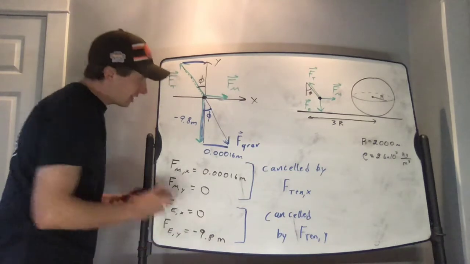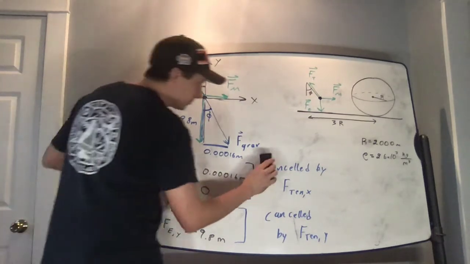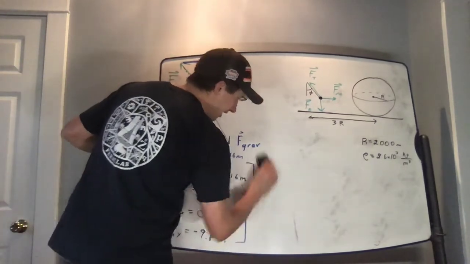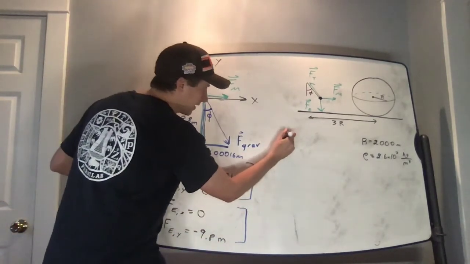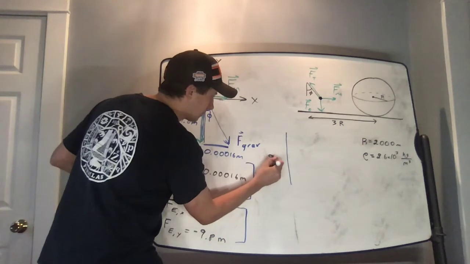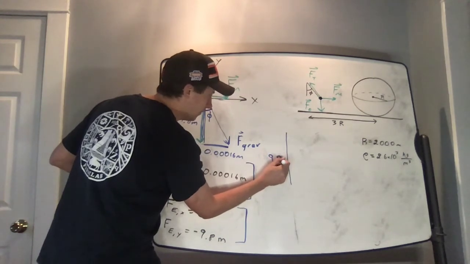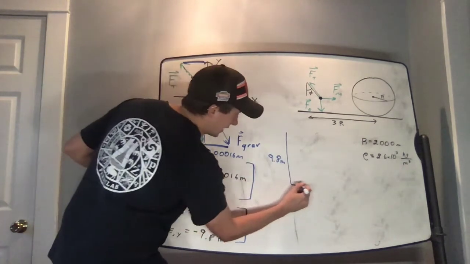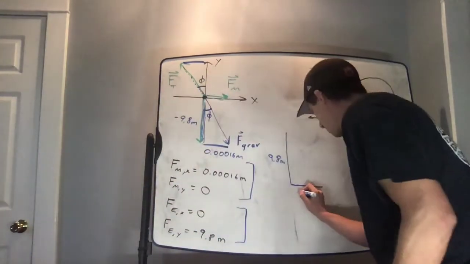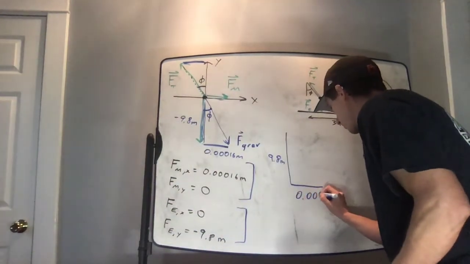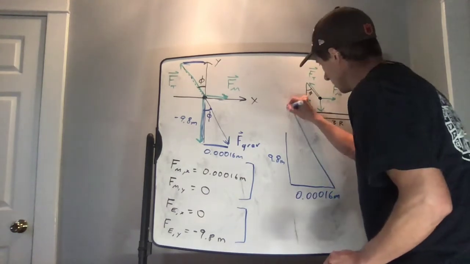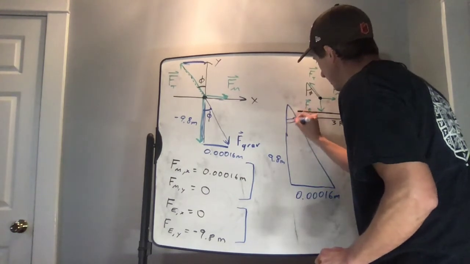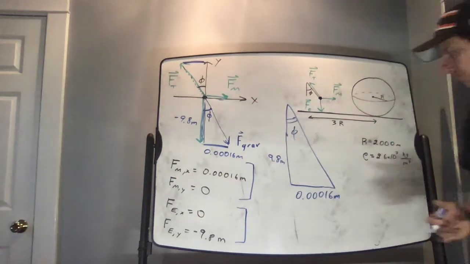So this question essentially then becomes, if I have a right triangle where one side length has a magnitude 9.8 times m, and one side has a side length of 0.00016 m, what is this angle up here?